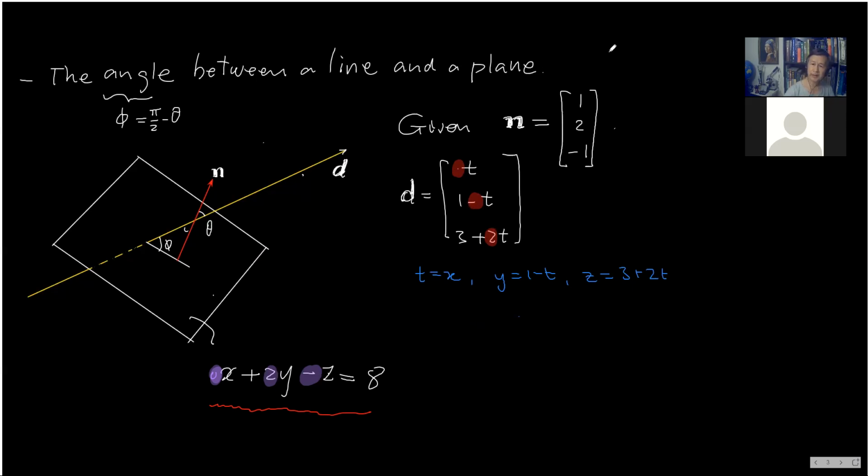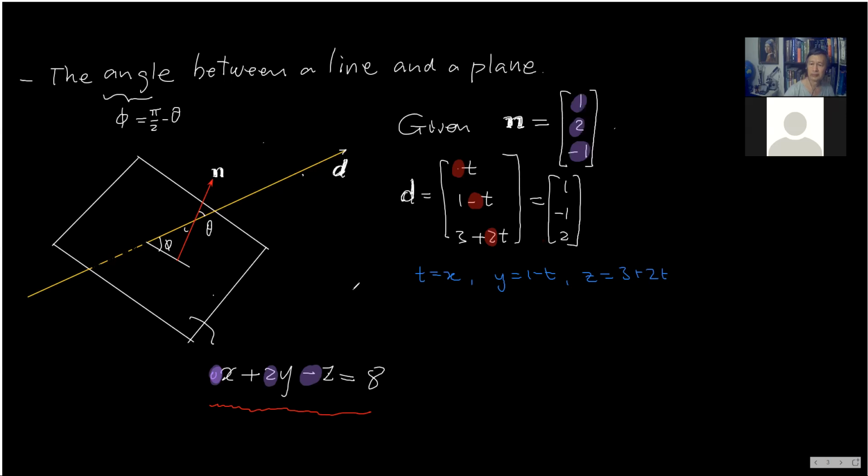So this unit vector is picked up from the purple numbers. I use the coloring. The normal direction of the plane is given by these three numbers, the purple ones. And the direction of D can simply use these three red colored numbers, which are just equal to 1, -1, and 2.